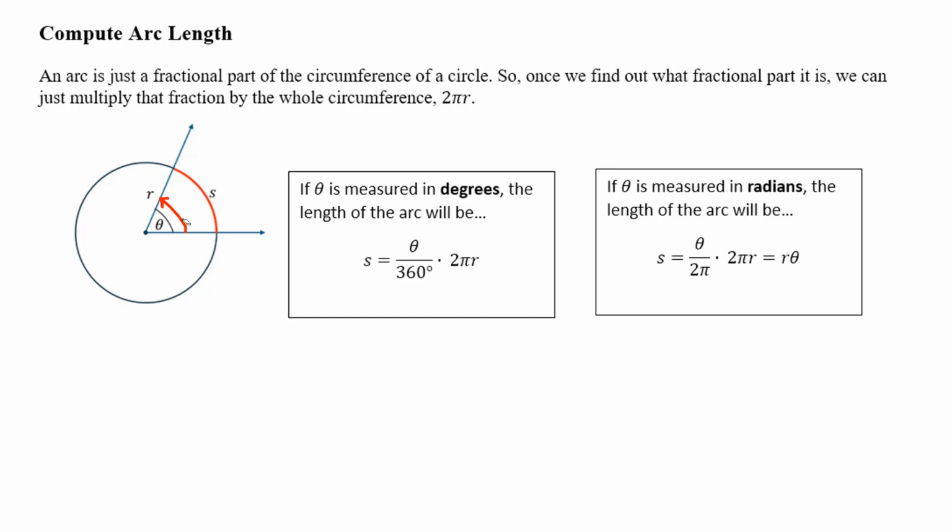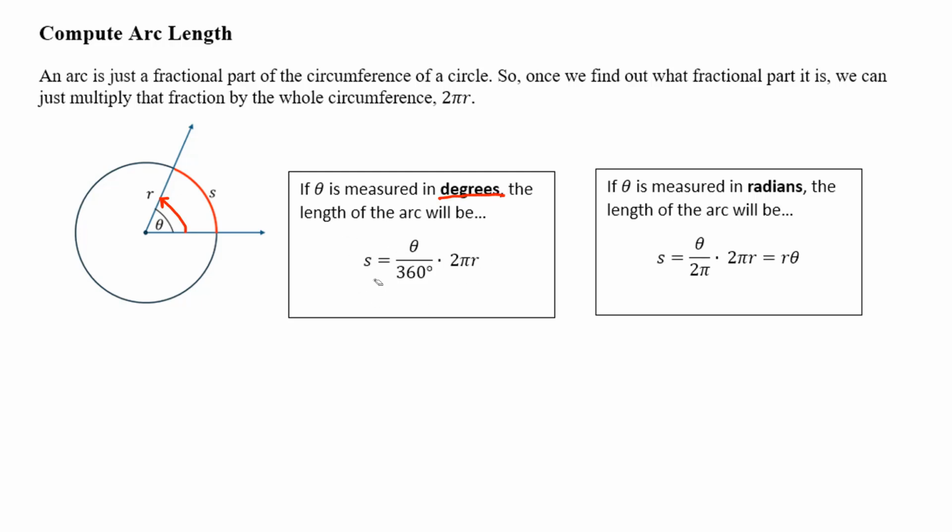So say you rotated 90 degrees. That'd be 90 over 360, or 1/4 of the way around the circle. And that means that the arc you've just gone through is 1/4 of the whole circumference. So whatever theta is, if it's in degrees, you will use this method.